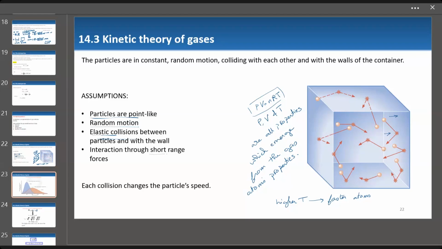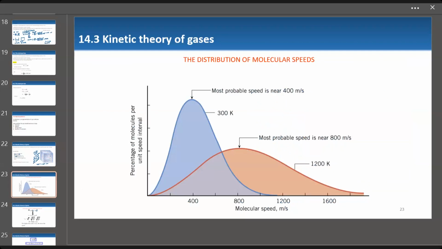Now, one thing I want you to see about the speed of atoms in a gas: there are millions of atoms, or even more, distributed in this gas. And these atoms don't all move at the same speed or direction. In fact, they have a distribution of speed.